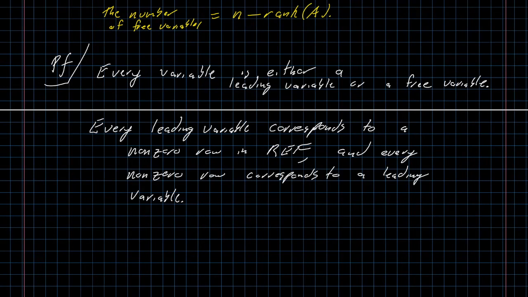Or to put that more simply, the number of non-zero rows in the matrix in row echelon form is the same as the number of leading variables.